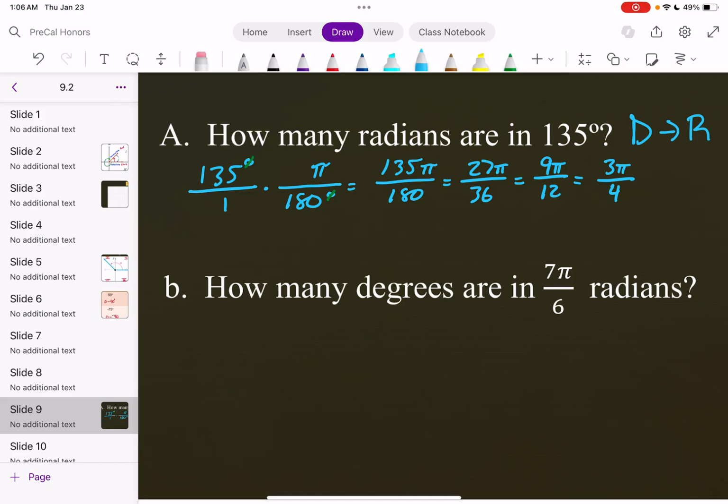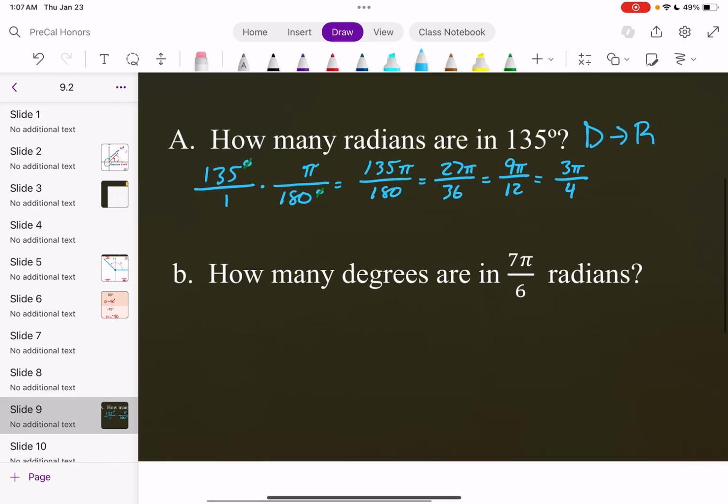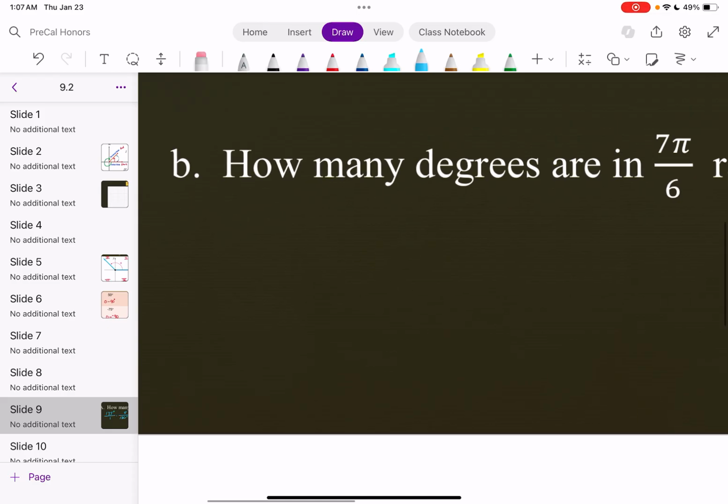In the case of our next problem for B, notice here we are starting off with radians and we are going towards our degree. We start off with what is given, which is 7 pi over 6, and we're going to multiply that. Keep in mind, pi must cancel with pi on the bottom, and our 180 degrees must go on the top.